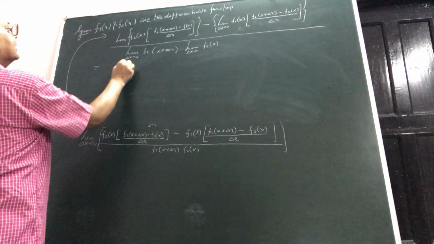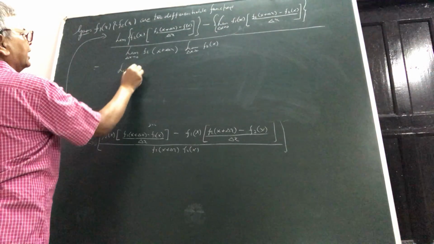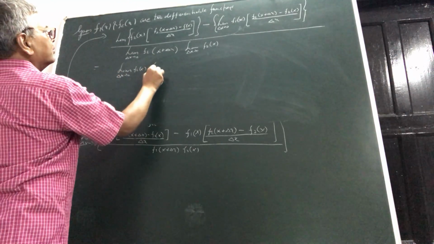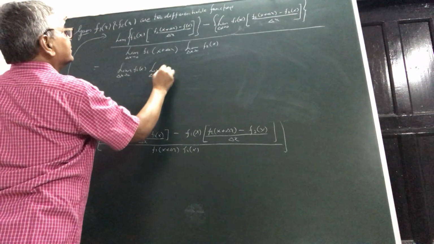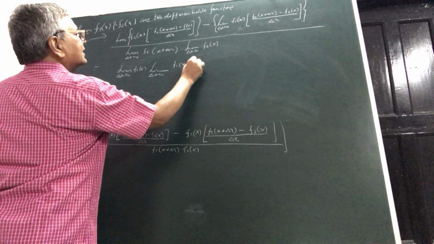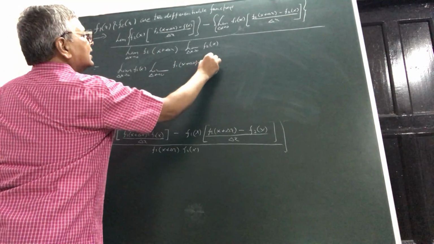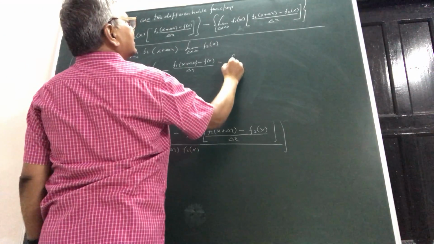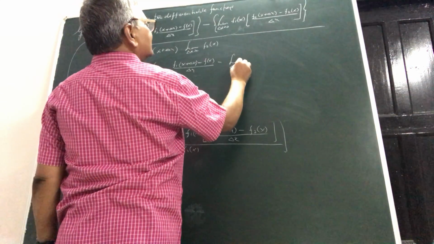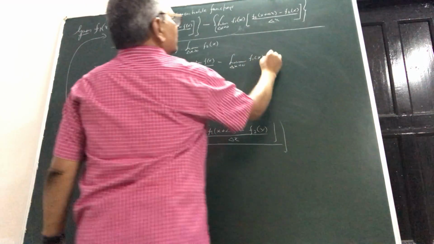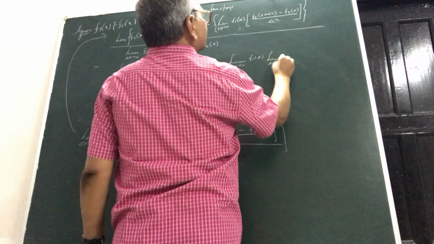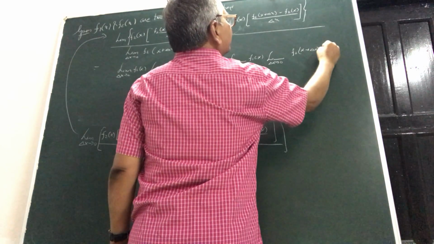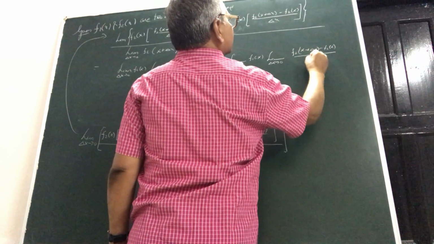So eventually you will get limit delta x tends to 0 f2x into limit delta x tends to 0 f1 x plus delta x minus f1x upon delta x, minus, likewise, limit delta x tends to 0 f1x into limit delta x tends to 0 f2 x plus delta x minus f2x upon delta x.